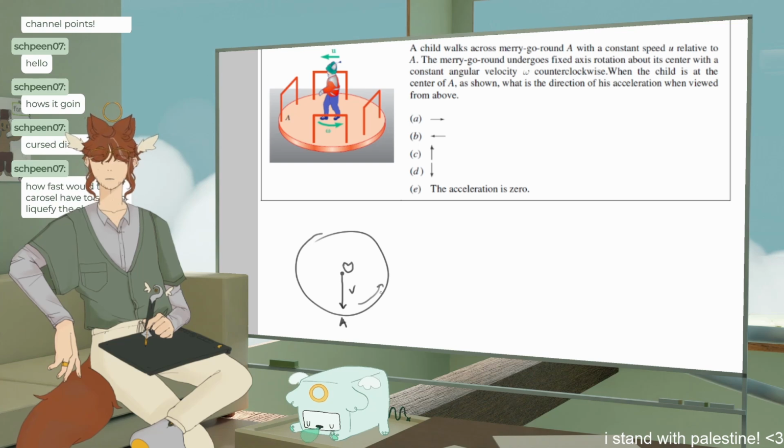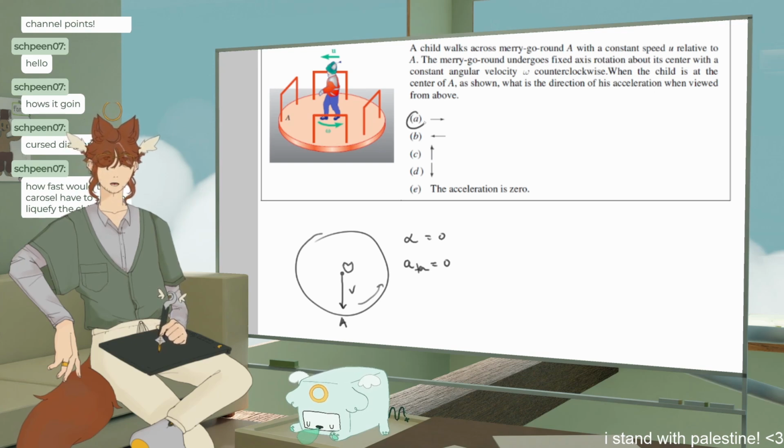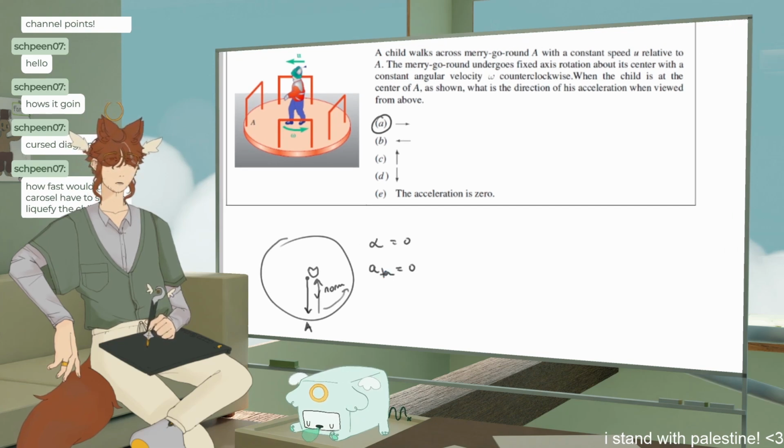The only one we have is a normal acceleration because our angular acceleration equals 0, and the tangent acceleration is 0, so the only one we have is internal. Viewed from above, I guess it would be to the right, because we have just normal acceleration.